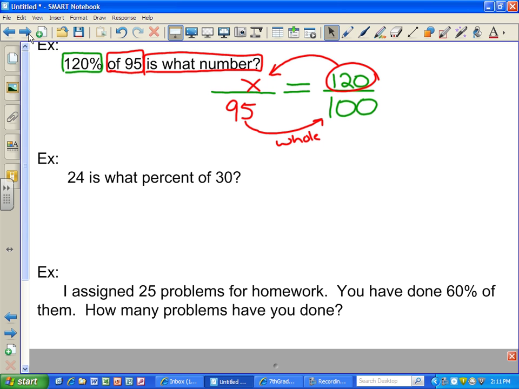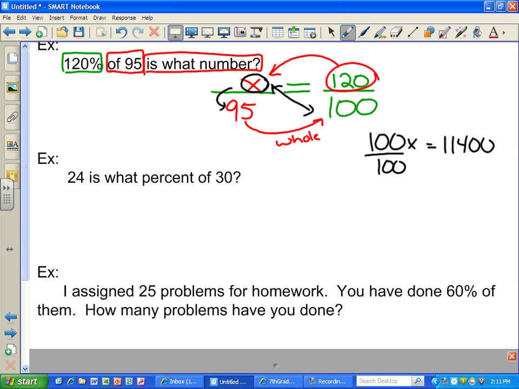So logically, I already know that if that percentage is more than 100%, then this top number will be more than 95. So again, you solve it by doing cross products. 100 times x is 100x. 120 times 95 is 11,400.